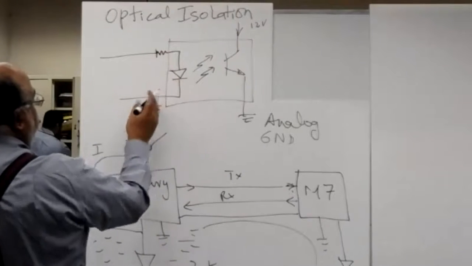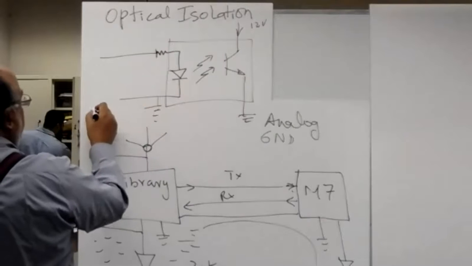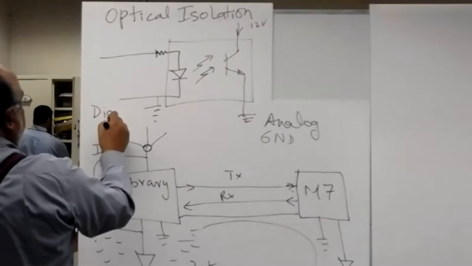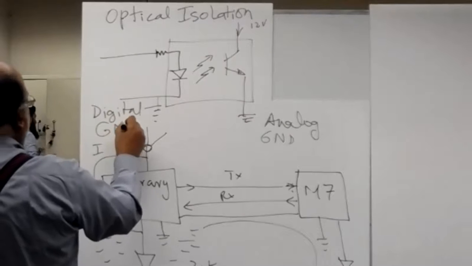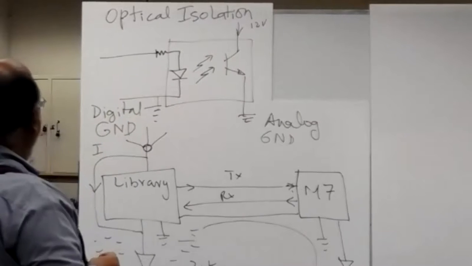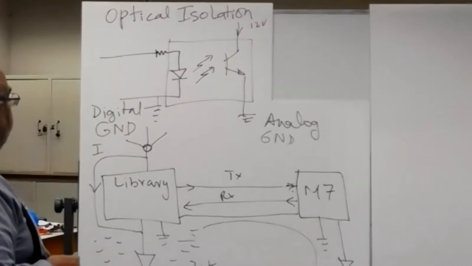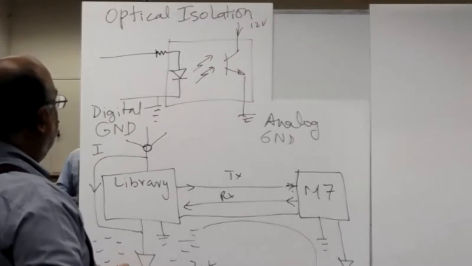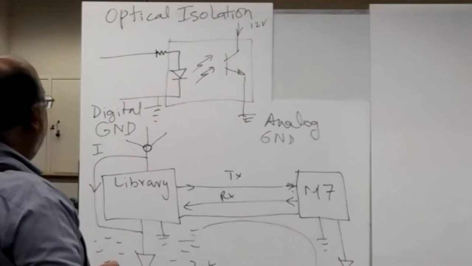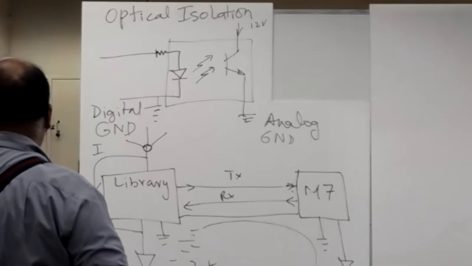But this side stays isolated from this, and this is called digital ground. So these analog ground and digital ground are different from each other, and they are isolated from each other. So many ICs.